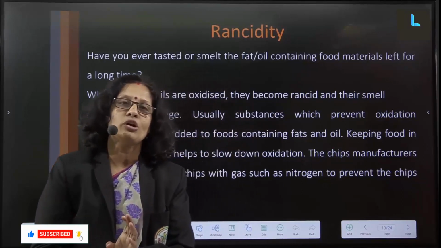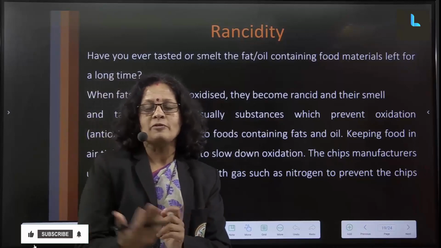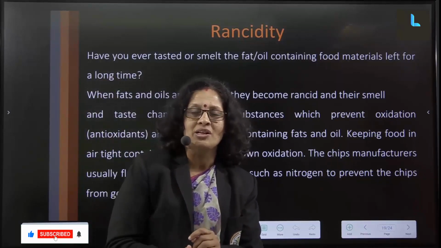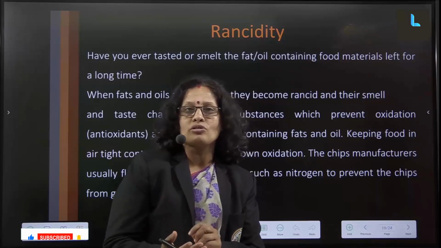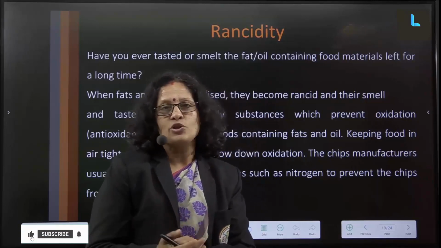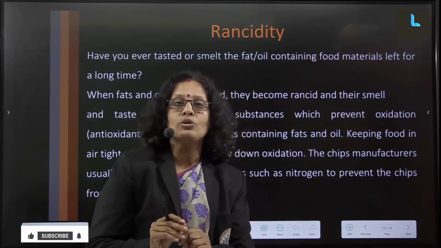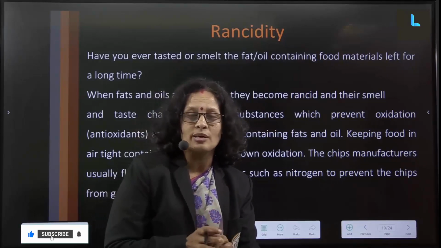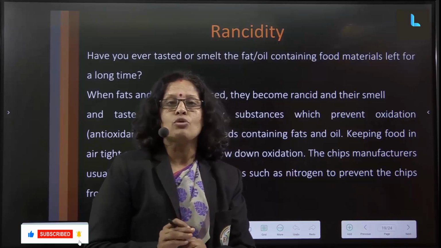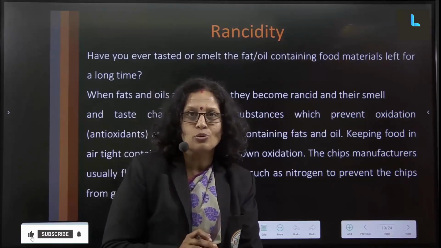That is called spoiling of oil or fat. In the presence of atmospheric air, it undergoes oxidation, and due to oxidation the foul smell is generated. That is called rancidity. So the substance converts into a rancid, spoiled, poisonous substance which should not be consumed.